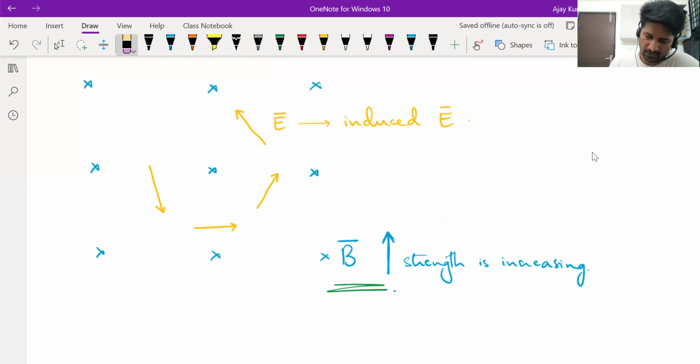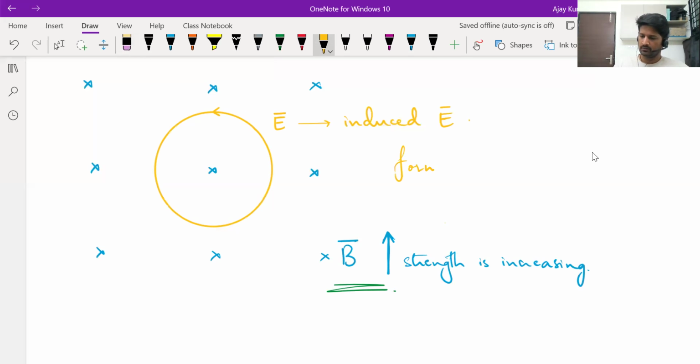So here, if you visualize the field line, it will be like this. Induced electric field lines form closed loops. There's no point of origin or termination. They form closed loops.